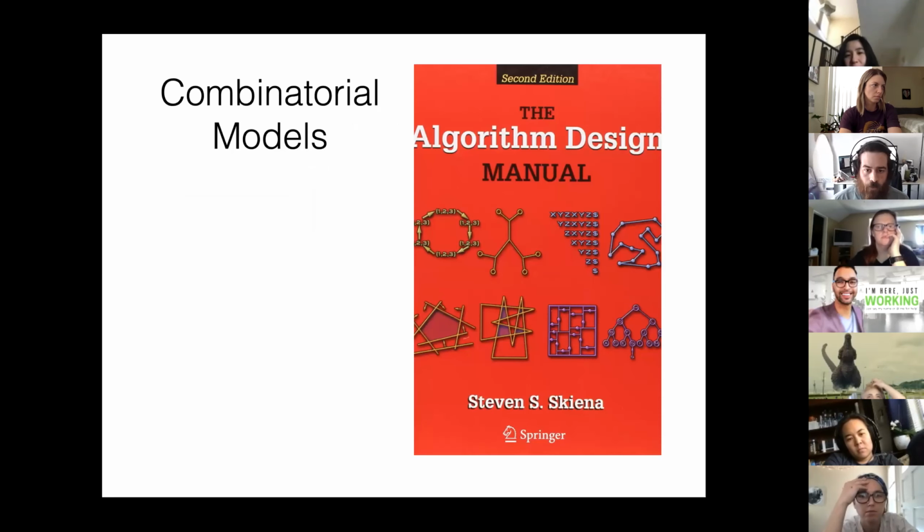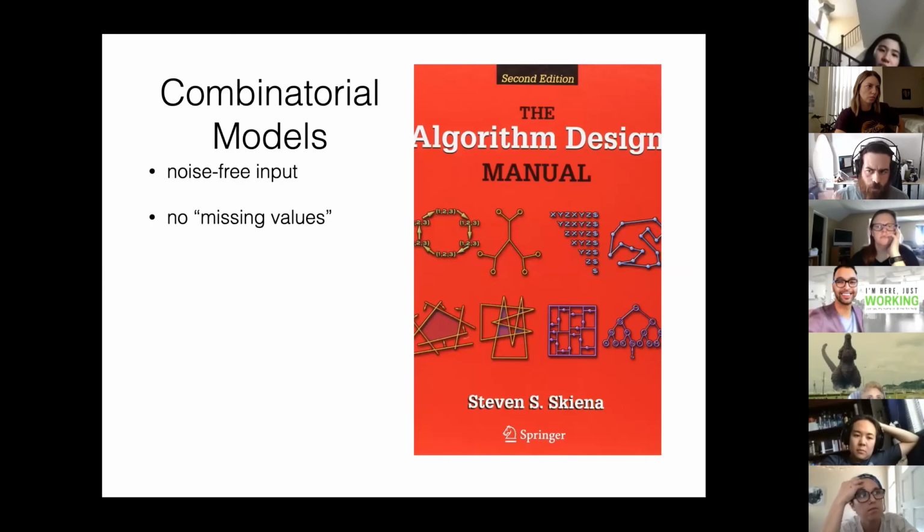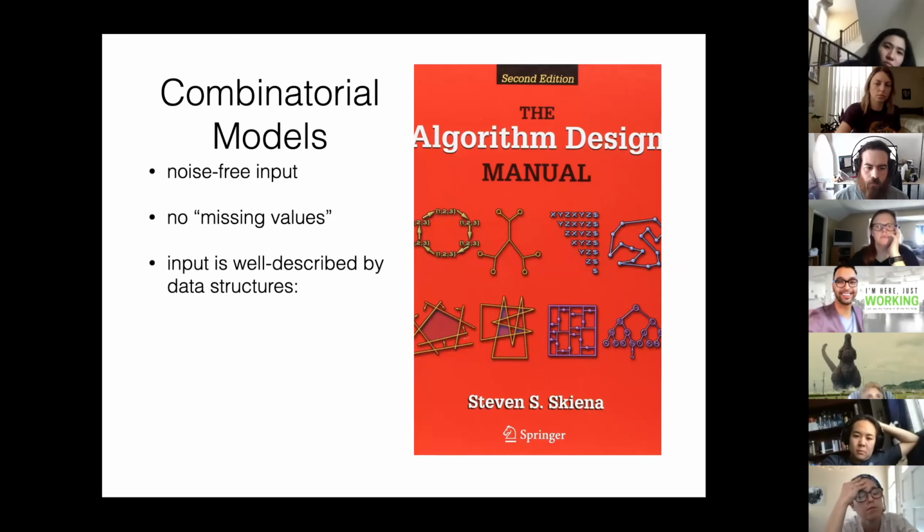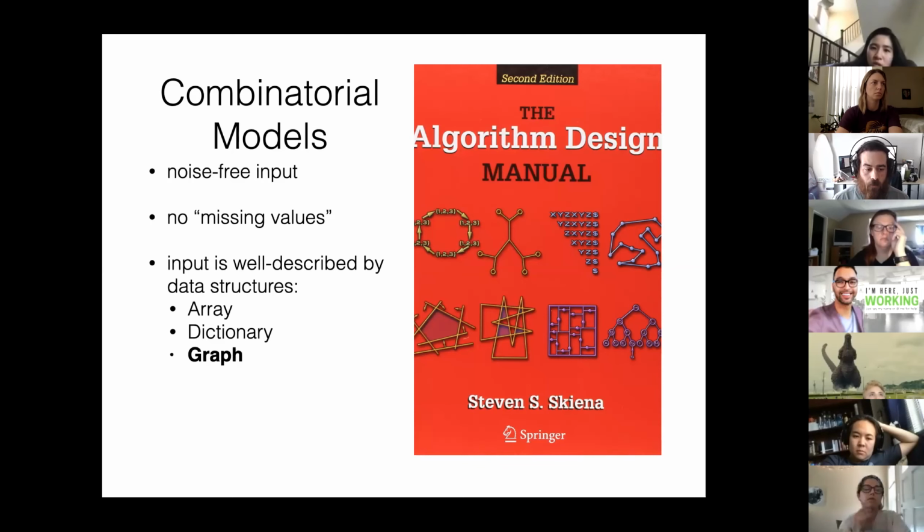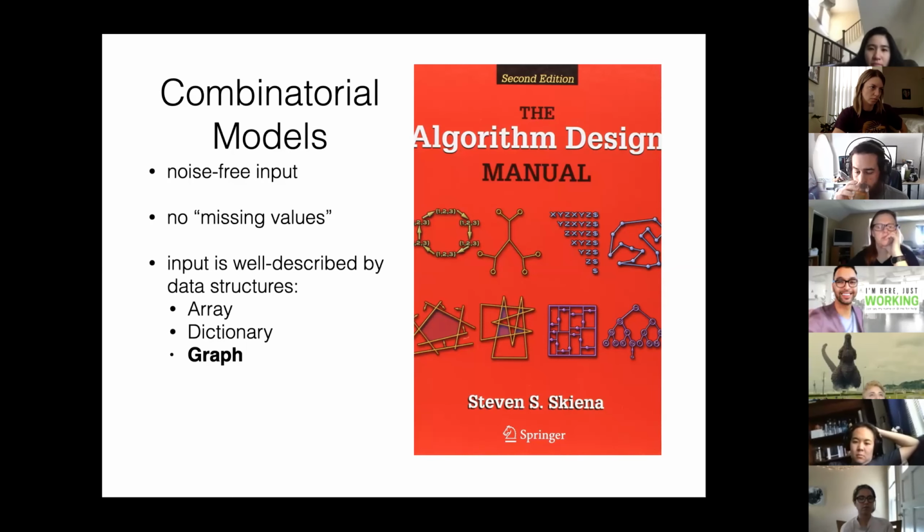So a combinatorial model is a situation where there's no noise in the input, there's no uncertainty, there's no weird missing values, and the input is very well described by some discrete data structures, by which I mean arrays, so collections of documents or strings, a dictionary like a hash file, or a graph, which we'll get to graphs in a minute because they are some of the most fundamental combinatorial models, and they're used everywhere.